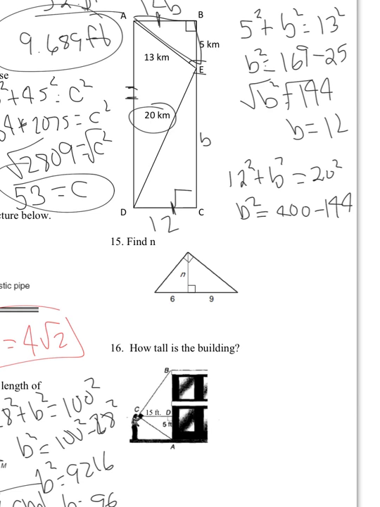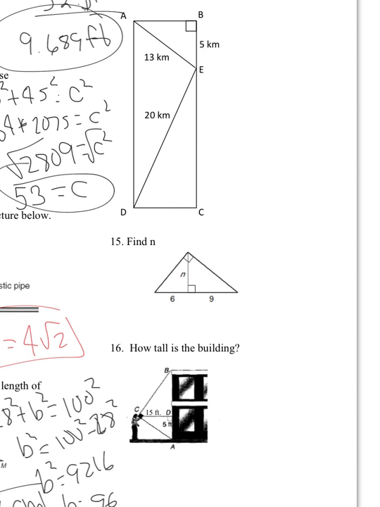Number 15, find N. So didn't do a lot of these problems, but you are going to have some geometric mean on there, so make sure you know how to do these. This is the geometric mean of these two lengths. So you're going to get N over 6, 9 over N. N squared equals 54.